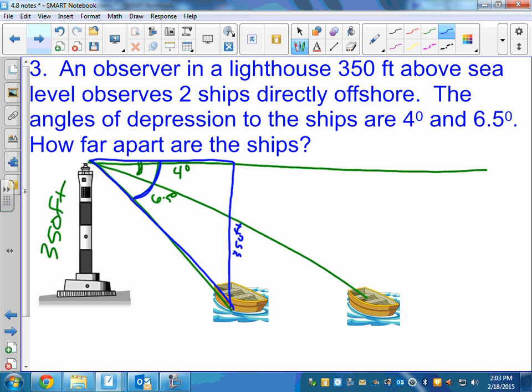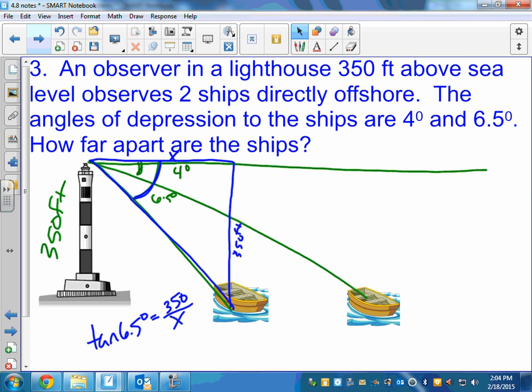So could I say this distance, I'm going to call that x, just like before, tangent is our good buddy here. Tangent of 6.5 degrees equals 350 over x. These boats are pretty far out. And I could do the same thing for the far boat.